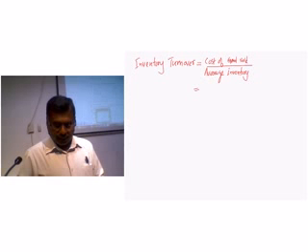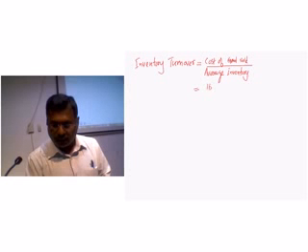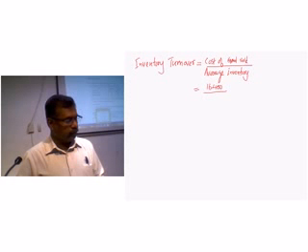Cost of goods sold is 16,400, divided by average inventory.